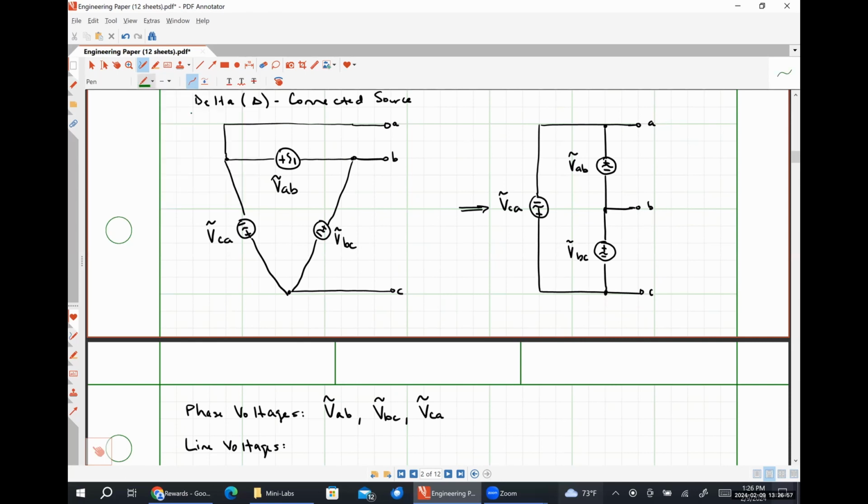So we'll have a line voltage VAB like so, a line voltage VBC like so, and a line voltage VCA like so, which means for a delta connected source, the line voltages and the phase voltages are literally the same thing, but in a Y connected source, they represent entirely different signals. Starting to see why this is confusing, right?